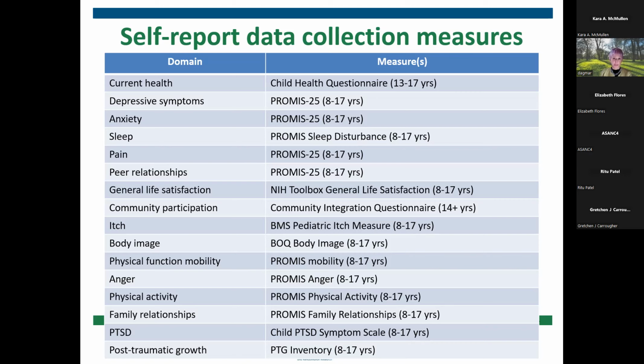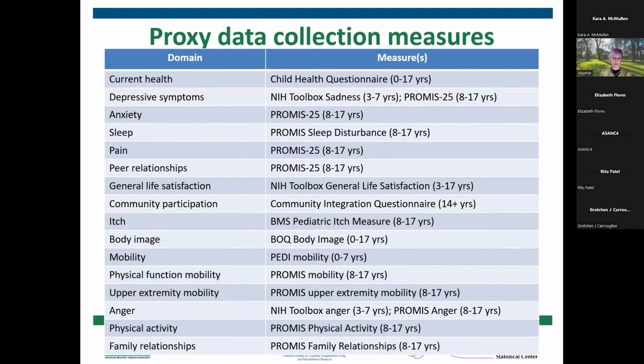So I'm not going to read the table for you, but in terms of domains, we ask about global health, we assess depressive symptoms, anxiety, sleep, pain, peer relationships, general life satisfaction, community participation, body image, mobility, anger, physical activity, family relationships, PTSD, and post-traumatic growth. And these are all standardized measures. We ask questions about a lot more health areas, but those are individual questions that we use.